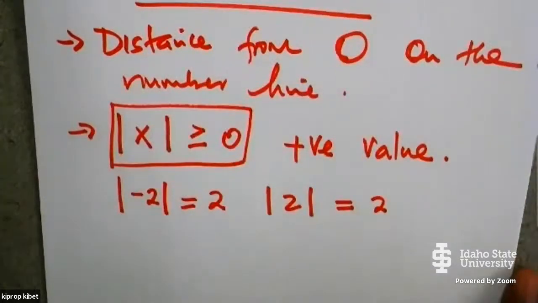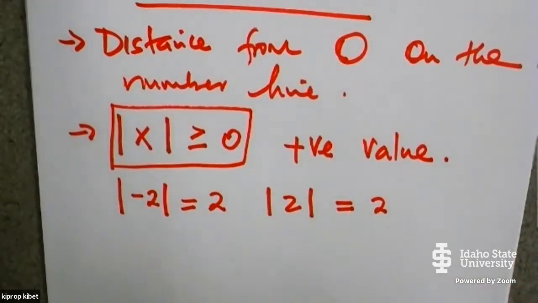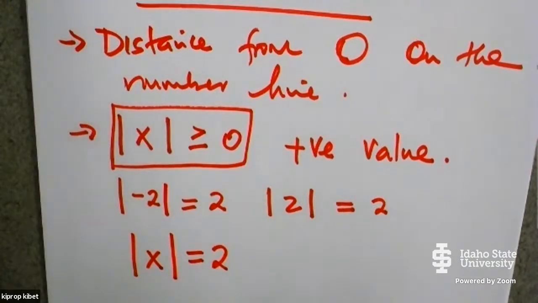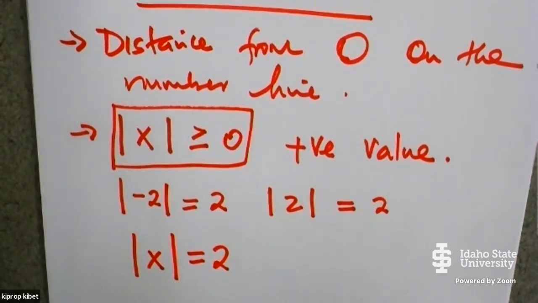Now, let's say you're given the absolute value of x equals 2. Then what is x? Well, it'd be -2. It's in the absolute value, correct?